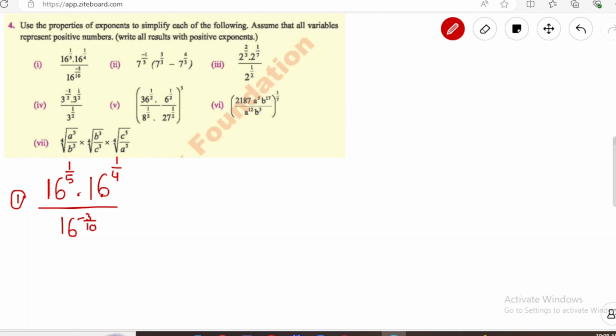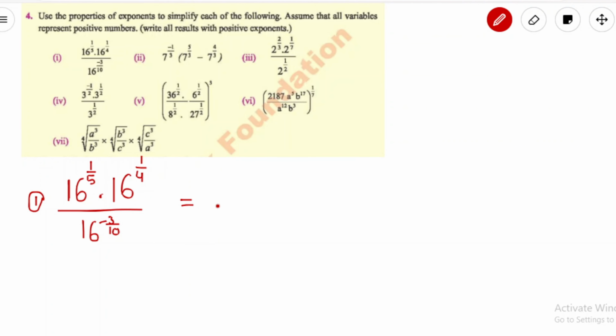And when you have two numbers raised to some power and their bases are similar, and they are being multiplied, then we're going to add the powers. So the power is 1 by 5 plus 1 by 4. The denominator will remain as it is right now because we are working on the numerator.